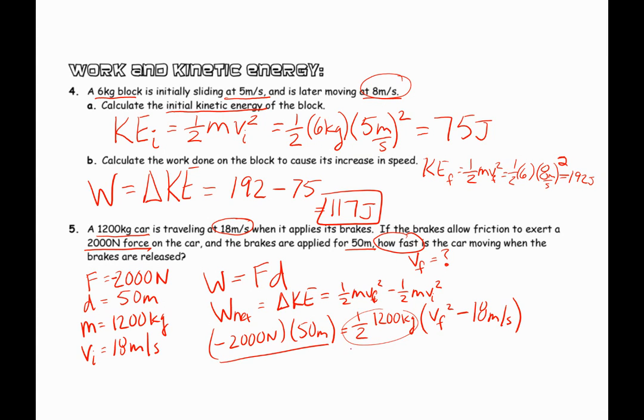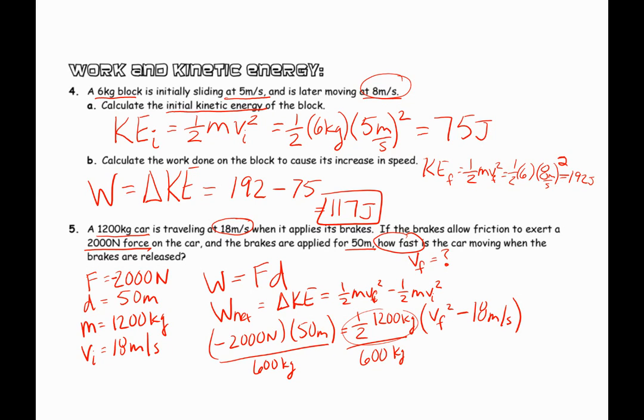So I'm going to divide both sides by 600 kilograms, and then I'm going to add 18 meters per second squared to both sides, okay? And that's going to end up giving me my V final squared, and then I'm going to square root that.